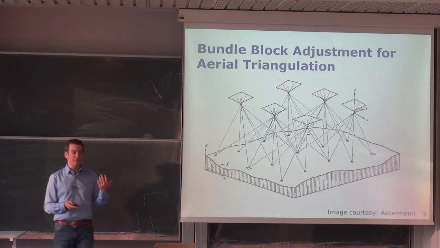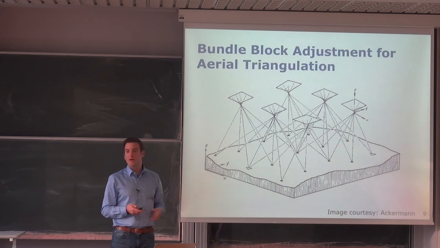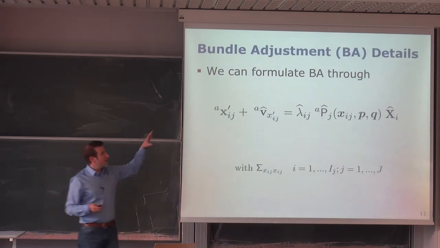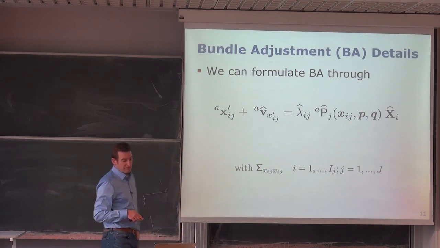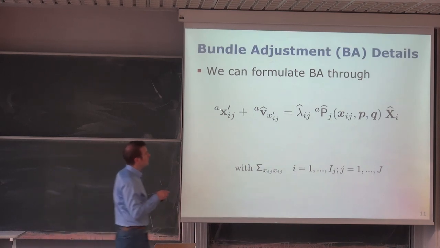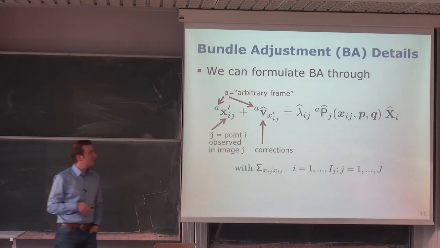And the bundle adjustment solution tries to solve this problem through a least squares problem, and this is kind of the key equation of the problem. We have the coordinates of our observed points. So this is a 2D point observed in some arbitrary frame in our camera, can be calibrated, doesn't have to be calibrated.